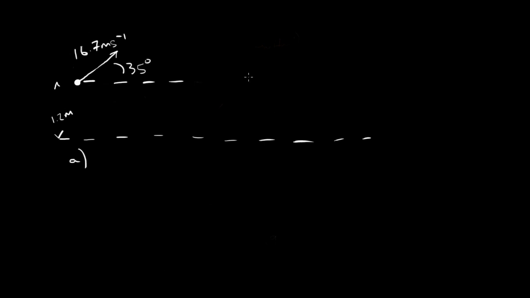And from your work with trigonometry and component splitting, you should know that the vertical component of this vector triangle is this one here, and if this is 16.7 and this is 35 degrees, then the vertical component, or the part of this velocity that's going to be in the vertical direction, is going to be the hypotenuse, which is the whole 16.7 times sine of the angle, which is 35 degrees.